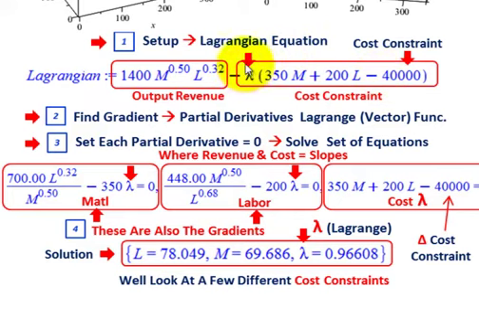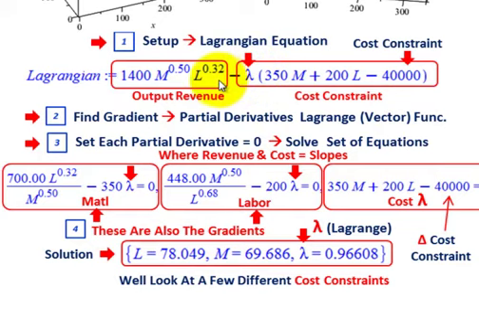So that's the artificial variable that we're putting in here, and we'll be able to determine that based on our Lagrangian equation. So we take our Lagrangian, or the lambda term here, times our unit cost for material plus a unit cost for labor, and then remember we have to subtract out our cost constraint here. So that's what we're talking about for our Lagrangian multiplier here.